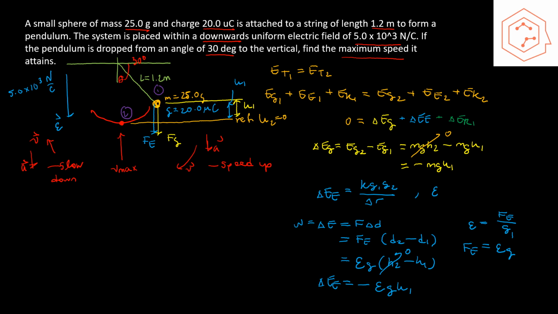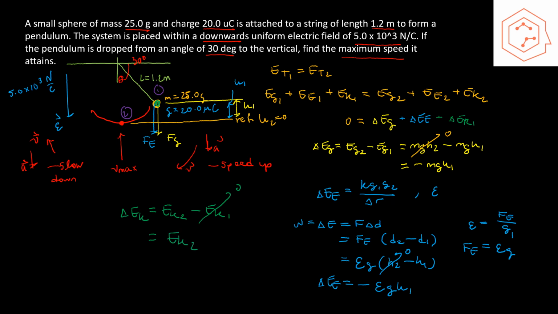Finally, we have our change in the kinetic energy, which is equal to EK2 minus EK1. Since we're going to be dropping from rest, EK1 is 0, so our change in the kinetic energy is simply equal to EK2.